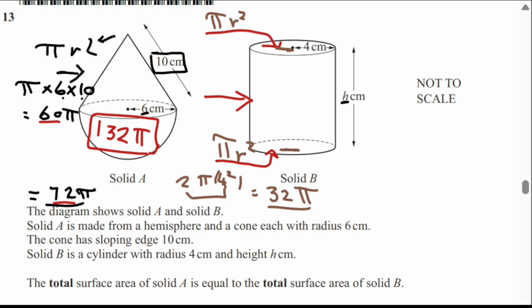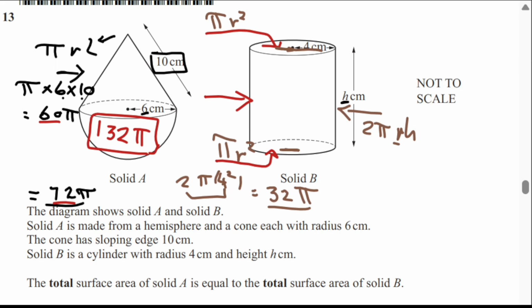Now let's find the curved area of the cylinder. It's 2 pi r h. We know the radius, which is 4, but we don't know h, so let's write it in terms of h.